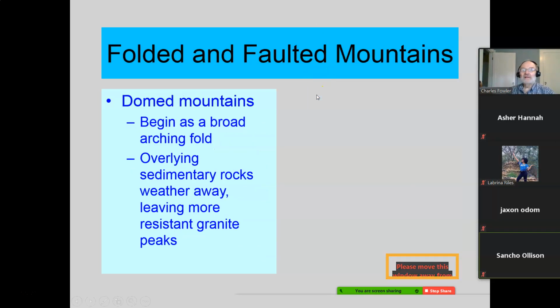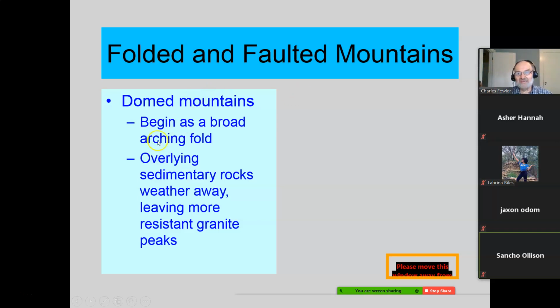Now, let's look at folded and faulted mountains. Top of page 493, right-hand column. A real neat picture here. I don't remember if that's shown on the slide set. If it's not, I'll show it to you. We have some domed mountains. Okay, they begin as a big, broad, arching fold called an anticline.